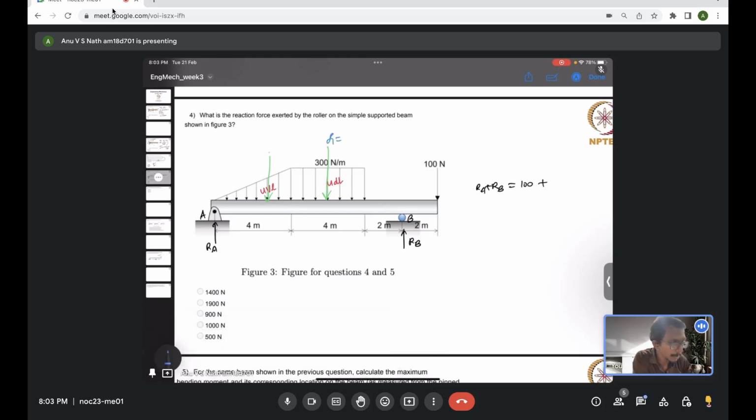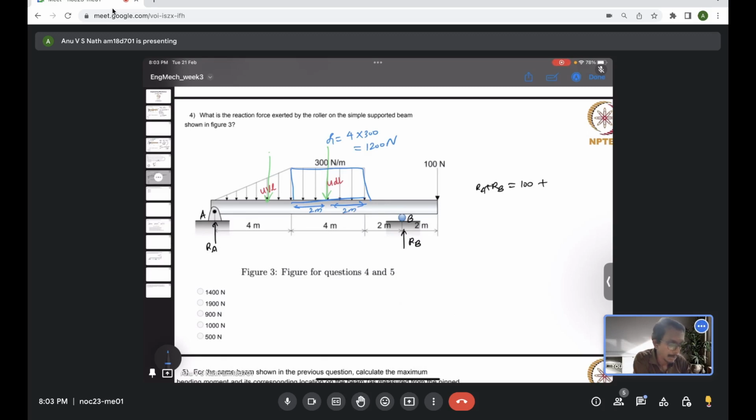F1 should be the area under this region, right? It's base 4 times height 300, so it should be 1200 Newton, and it should pass through the centroid of this area, which is 2 meters from this end and 2 meters from that end.